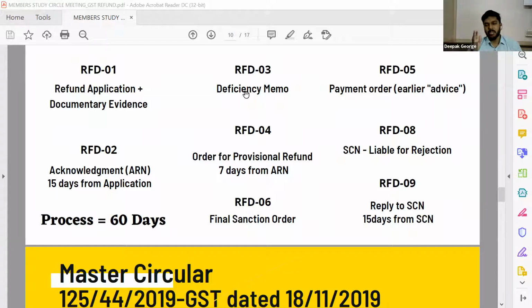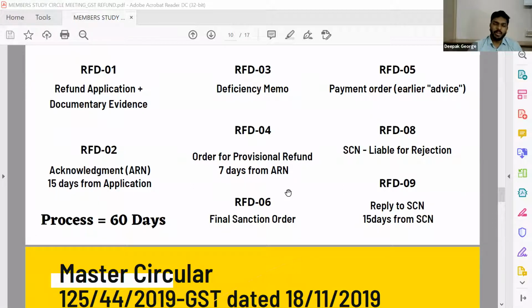So basically, payment advice was being done before, but after the amendment, the term is payment order, which basically means that if you are applying for IGST refund, it will go to the central government, someone sitting outside Kerala, most probably Bangalore or Delhi. And the final authority who is assessing, scrutinizing, sanctioning, and releasing the payment order is one person.